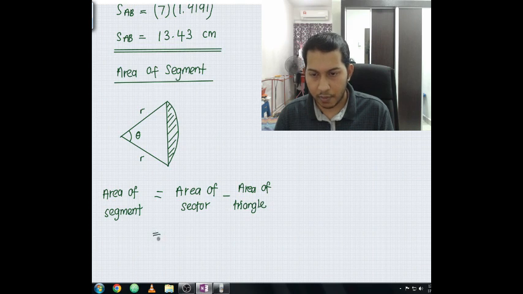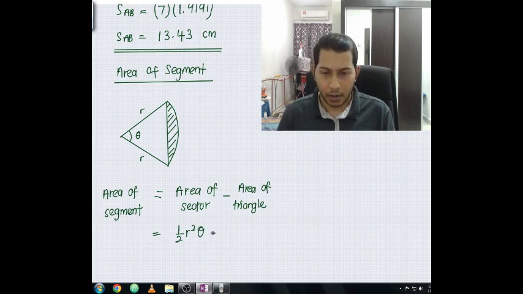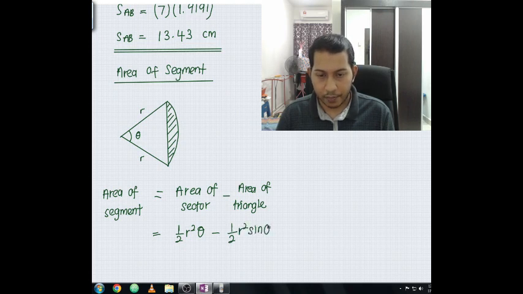In this case will be half r square theta, and then minus with half r square sine theta.